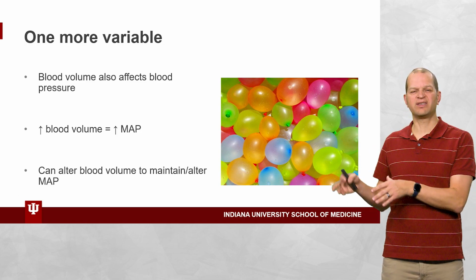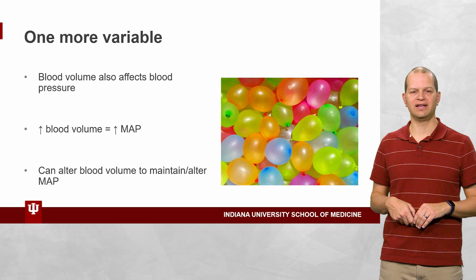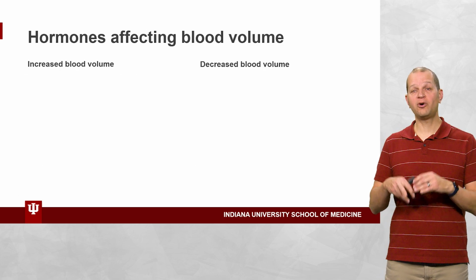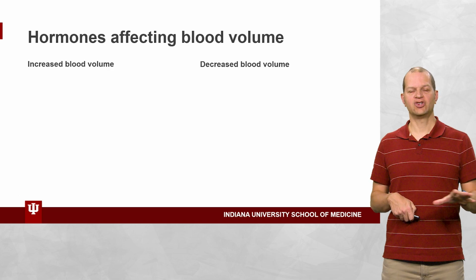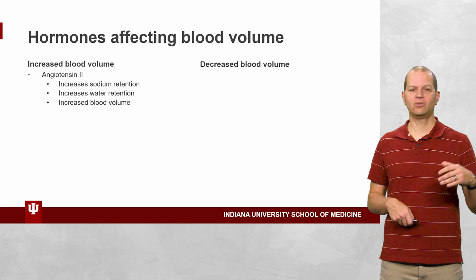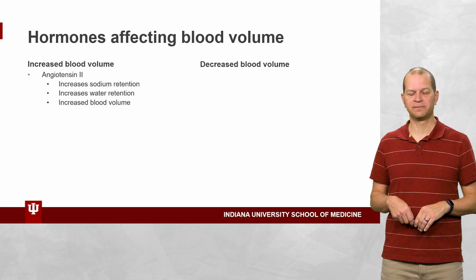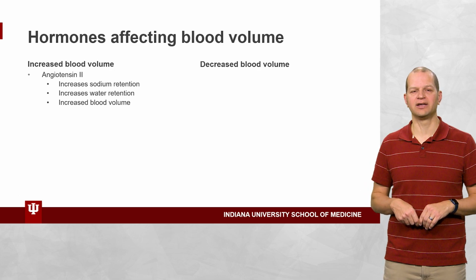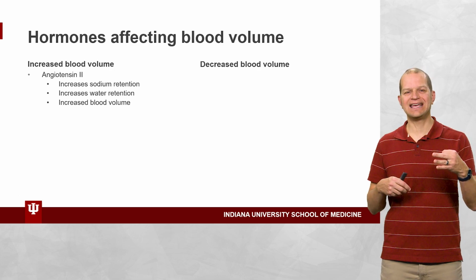And this is really where the urinary system and the kidneys come into play. This is something that takes a little bit longer. So we've got a couple of hormones that we're going to end with here. If we want to increase blood volume, we can release angiotensin II. Now, angiotensin II indirectly increases blood volume. What I mean by that is that it takes a couple of steps.